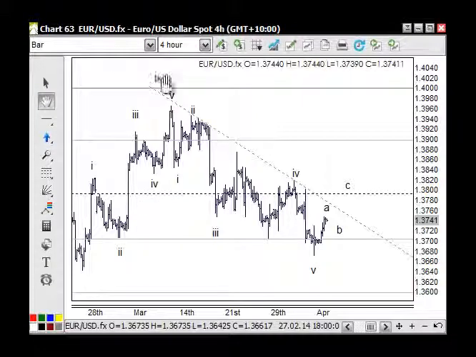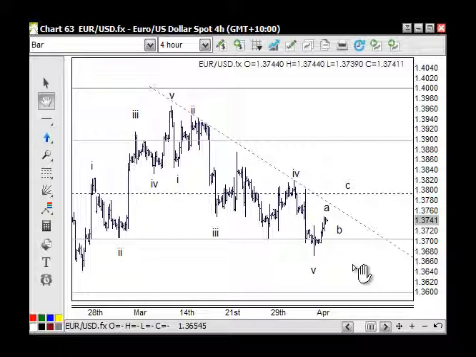The euro, on the other side of the fence, also has a bearish pattern, and we're looking for a rally here. But at the same time, I want to be careful in what we do here. We know that the 38 is the resistance through here, so we need to count the internal structures for the time being.